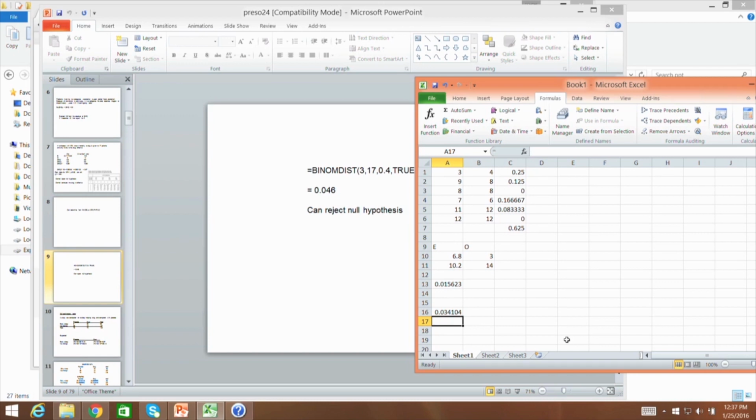If you give it as true, you get the cumulative binomial distribution value.